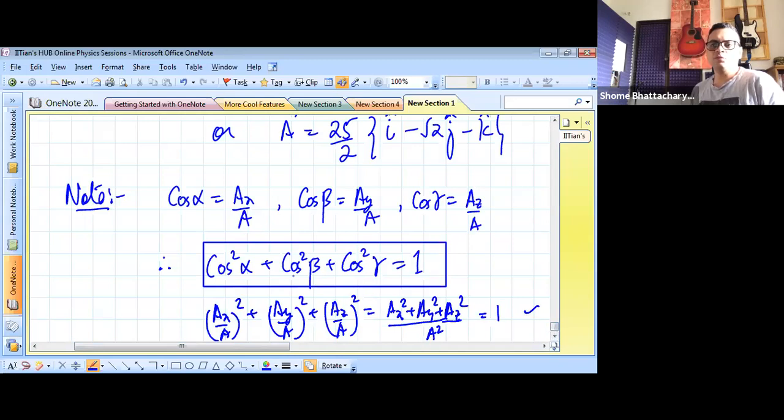In three-dimensional components, you have cos square alpha plus cos square beta plus cos square gamma is equal to unity. So this is an important property for direction cosines. Okay, so this is all about direction cosines and three-dimensional vectors.